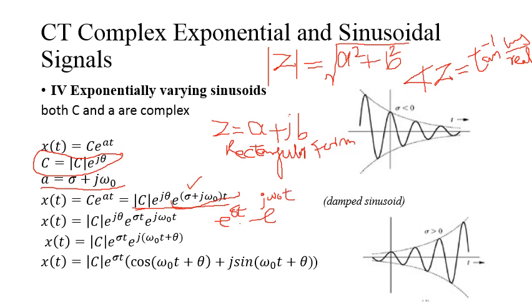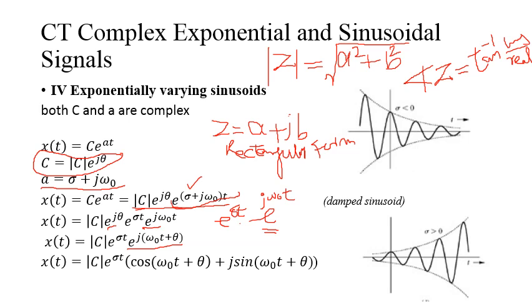Because again this is e power j omega naught t, and this e power j theta is multiplied with it. So we can split it like this, and they are all multiplied, so they have the same base, and they both contain j theta and j omega naught t. So we can simplify it and write it like this: e power j, omega naught t plus theta.